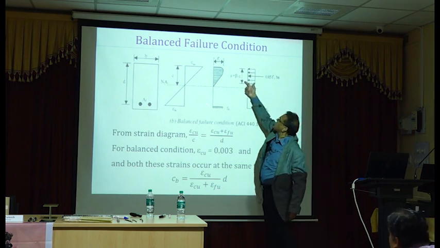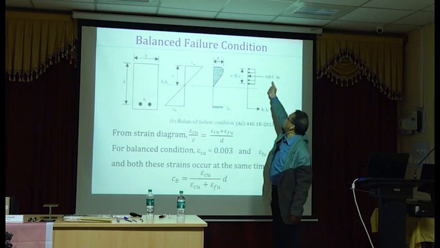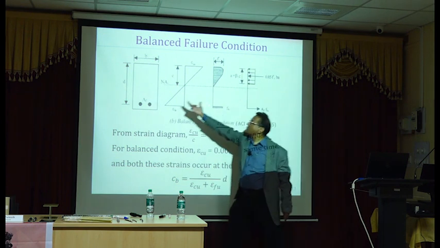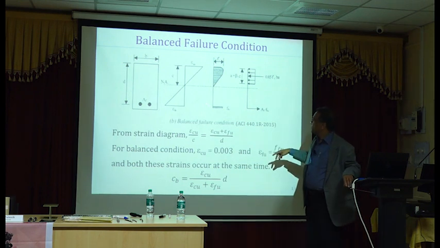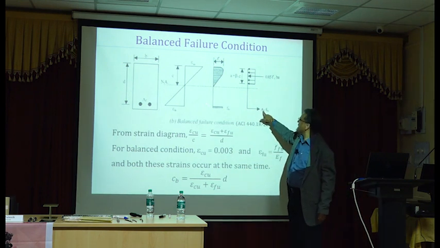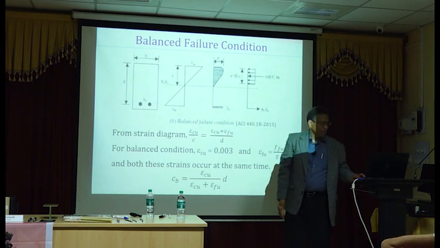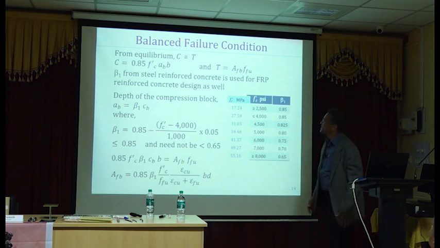So this is beta 1 c, and once you know the depth, you know the width, and the average stress is 0.85 f'c, therefore area is a times width b, which is this here, and that will give you the total compressive force. The corresponding total tensile force is Af times ffu. So you can calculate your moment strength based on this. Does it make sense? Very good.